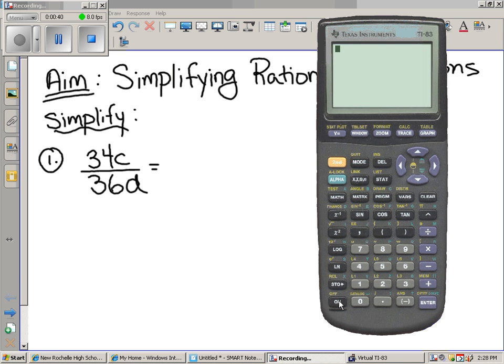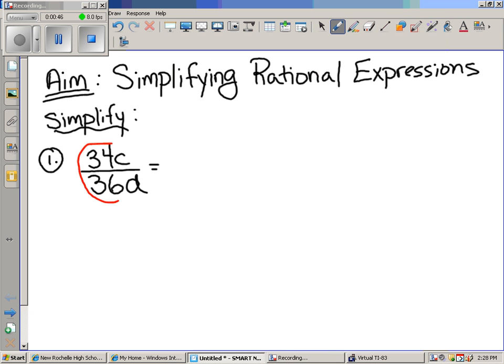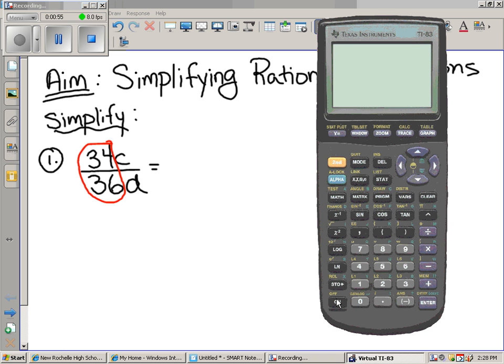So the C and the D don't reduce down at all, and the only thing that can reduce is 34 and 36. And lots of people were confused. They said, well, I can't do that in my head. Well, you don't have to. You can use your calculator. Simply turn your calculator on, type in the numbers that you want to reduce, hit enter.